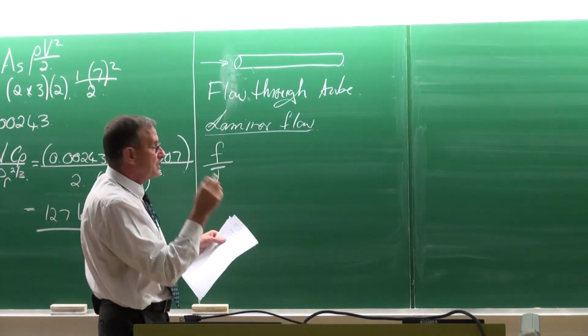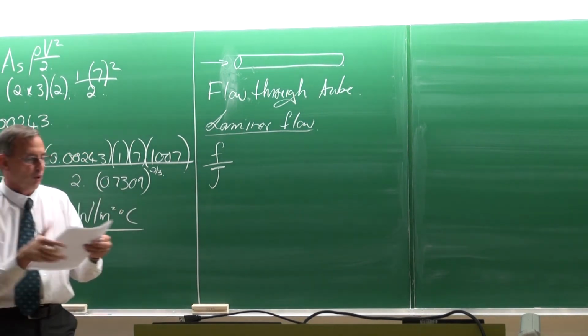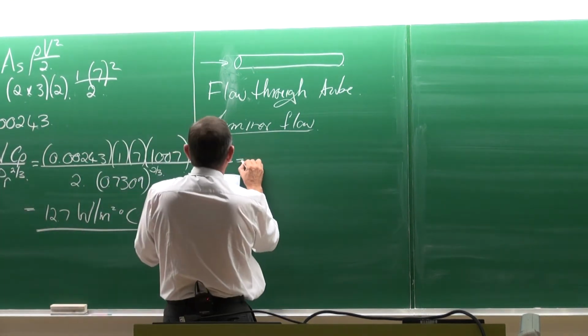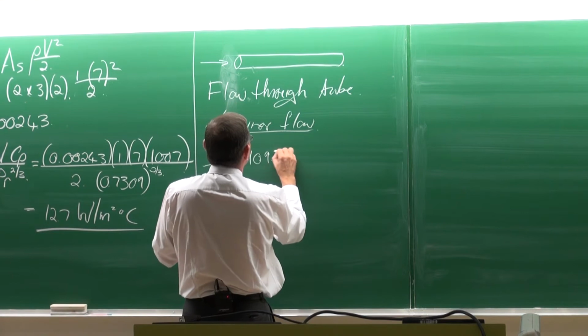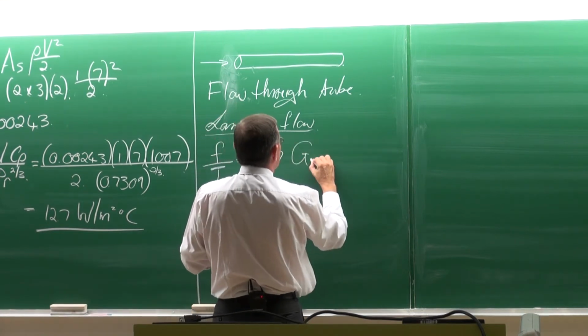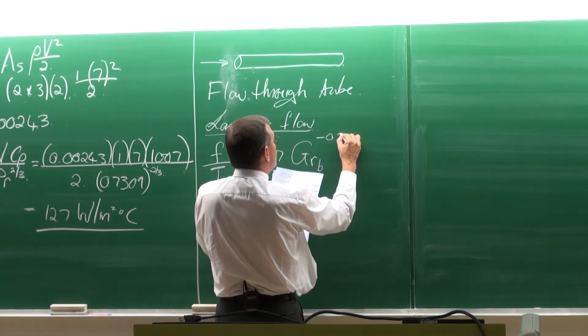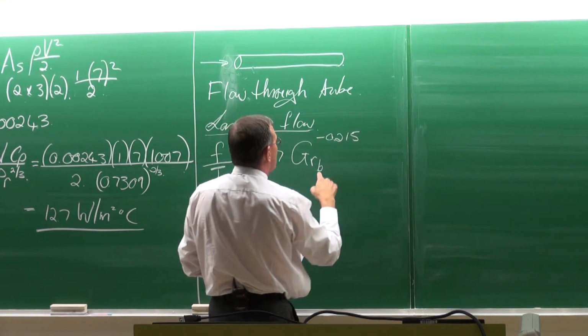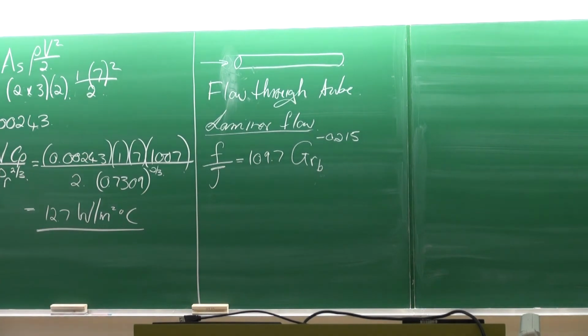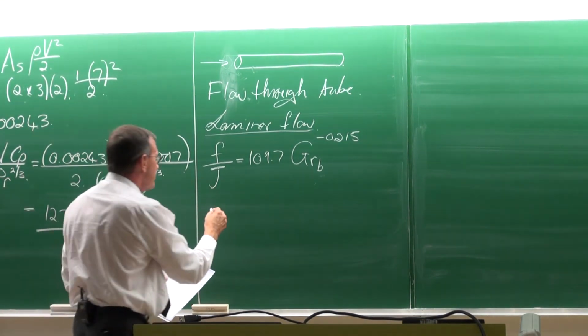The average J, it is not at a specific point, is equal to 109.7 multiplied by the Grashof number to the power of 0.215, and it is the Grashof number based on the bulk temperature. Now, what is this Grashof number?